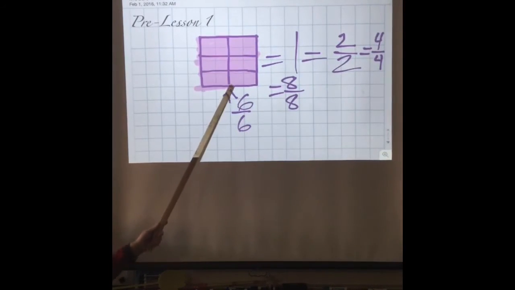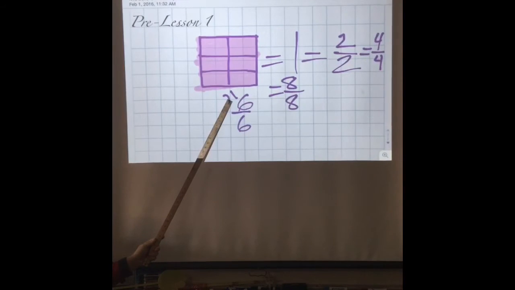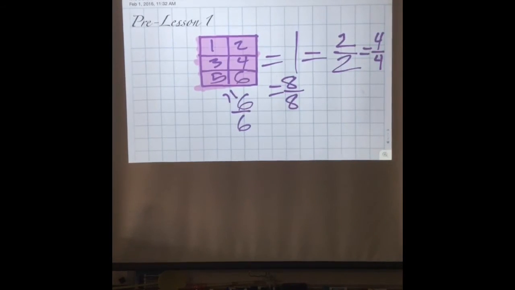And now, right now, we have 6 over 6, right? And we could count them. We can go 1, 2, 3, 4, 5, 6. And this is how we get our bottom number. And how many of those do we have? We have them all. So that's how we have a 6 over 6. Okay? Make sense?